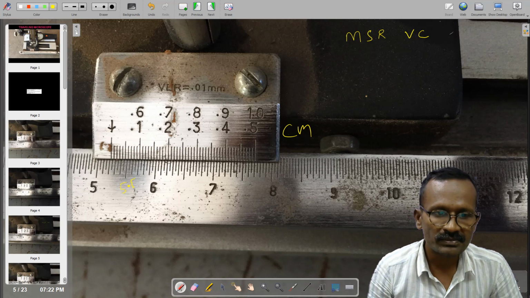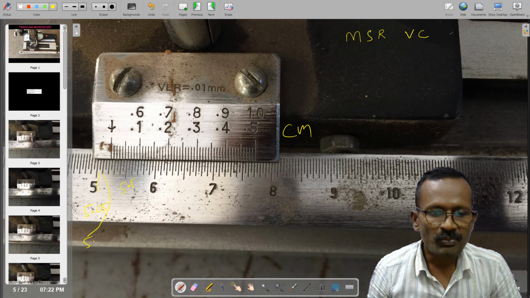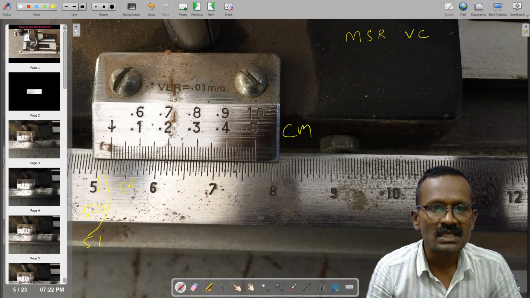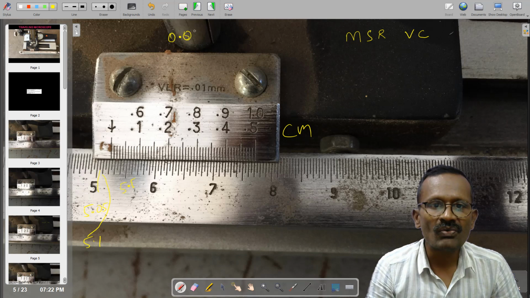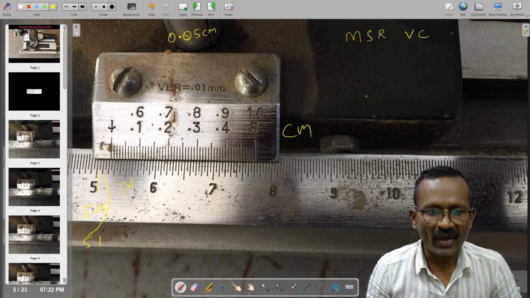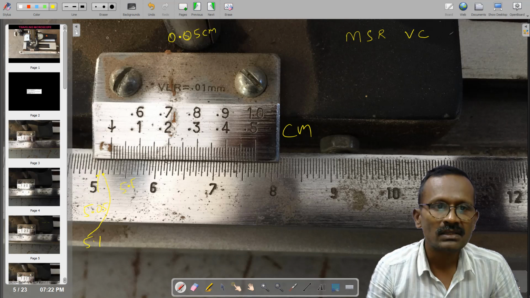Okay, what about this one? If it is 5.1, what about this one? This is 5.05. This is 5.1. So every division, what is the value of the gap? The gap between 5 and 6 is 1 centimeter.